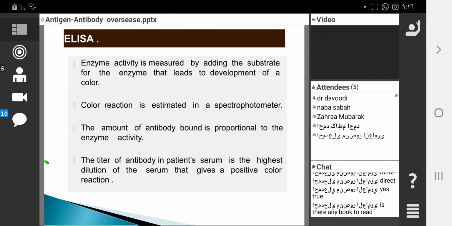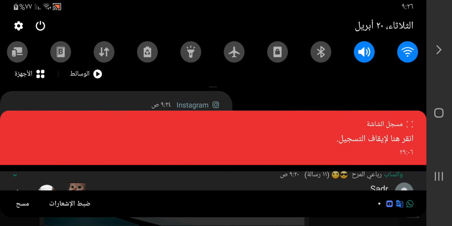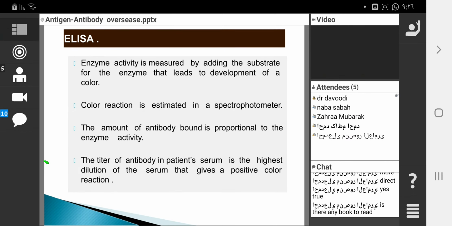The molecular and cellular immunology of Abul Abbas, and the immunology of Roitt, and Janeway or Kuby, no difference. If you can prepare an ebook, an electronic book, it's better. If you can download the book from the internet, or if you can buy an ebook, it's better.